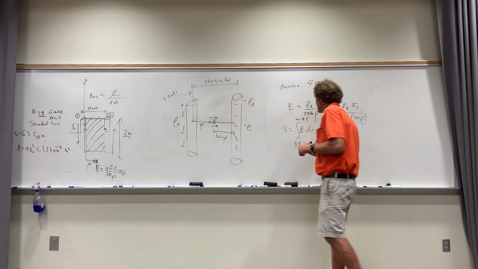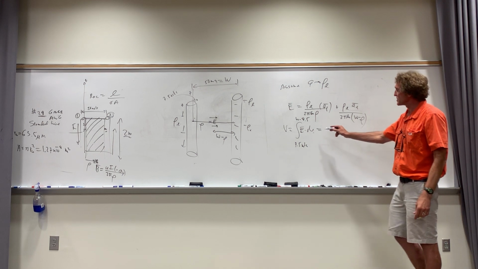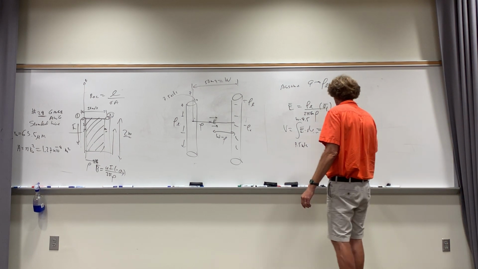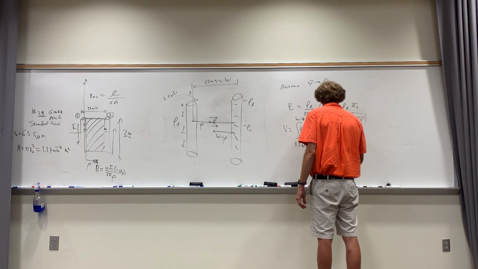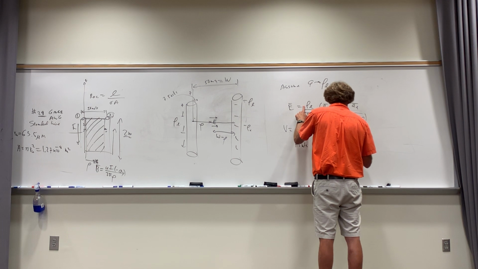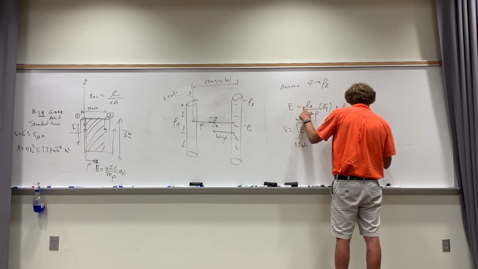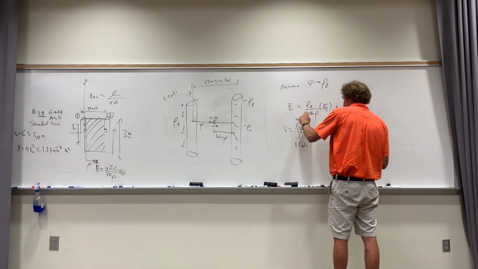But here's the one thing I'm going to tell you is a secret. I'm going to contend when I do this integration, it'll look like the integral of rho L over 2 pi epsilon naught rho a rho dot a rho d rho. That's the first part.